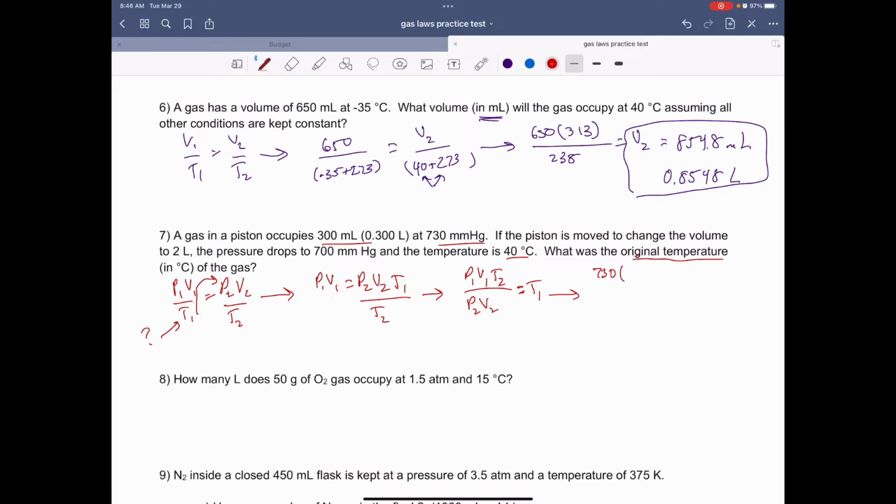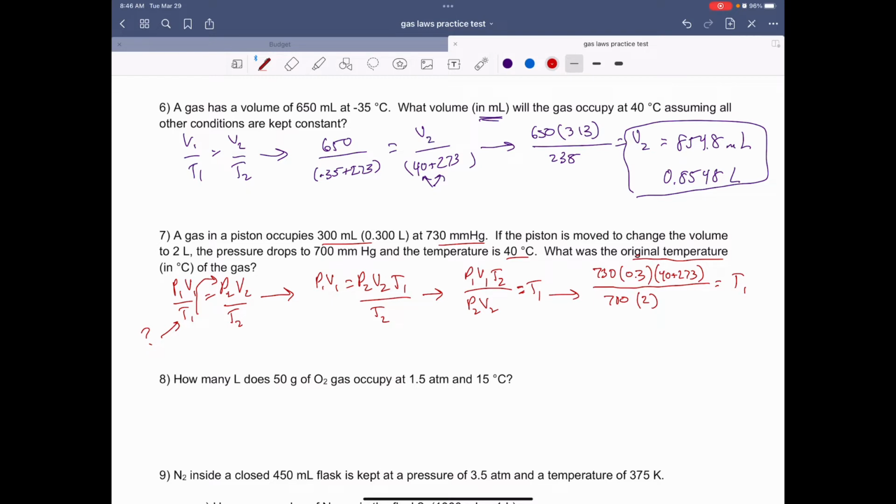V1 was 0.3. I'm going to do this in liters. The T2 is the final temperature, so that's going to be 40 plus 273. The final pressure is 700, and the final volume was 2. And this should all be equal to T1.